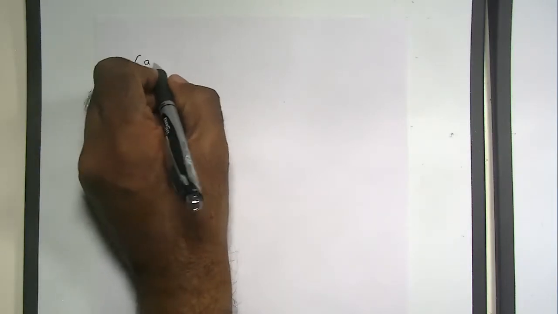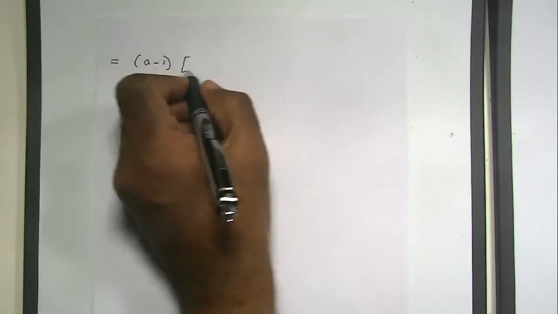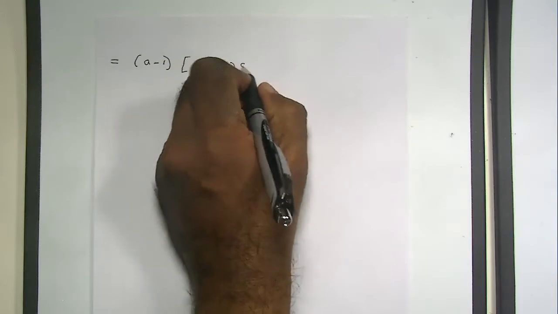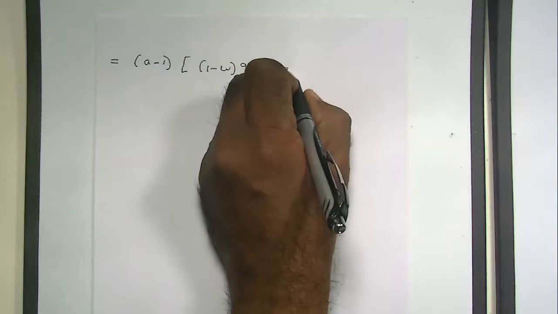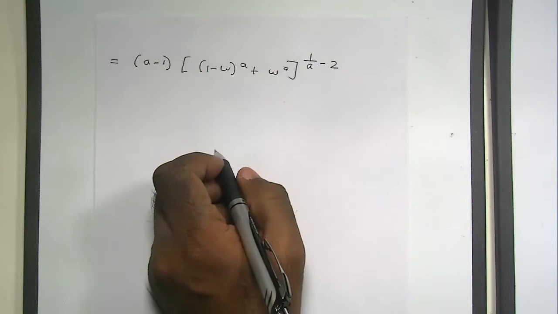So if you simplify this, guys, you get A minus 1 is a common factor. This simplifies to the following: A minus 1 is a common factor. And then you have this, right?